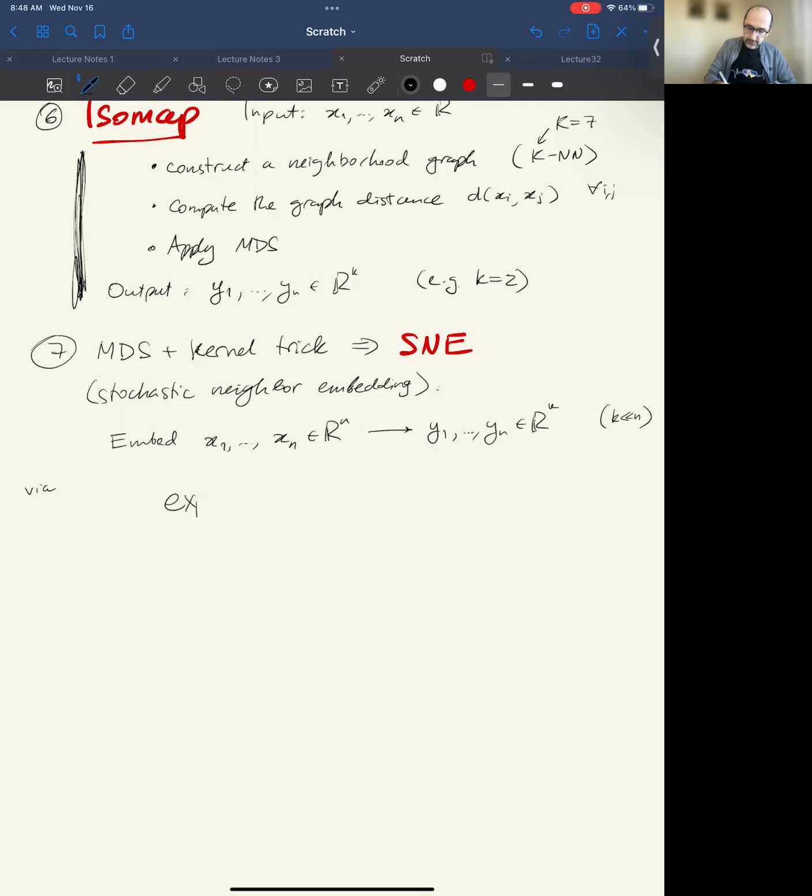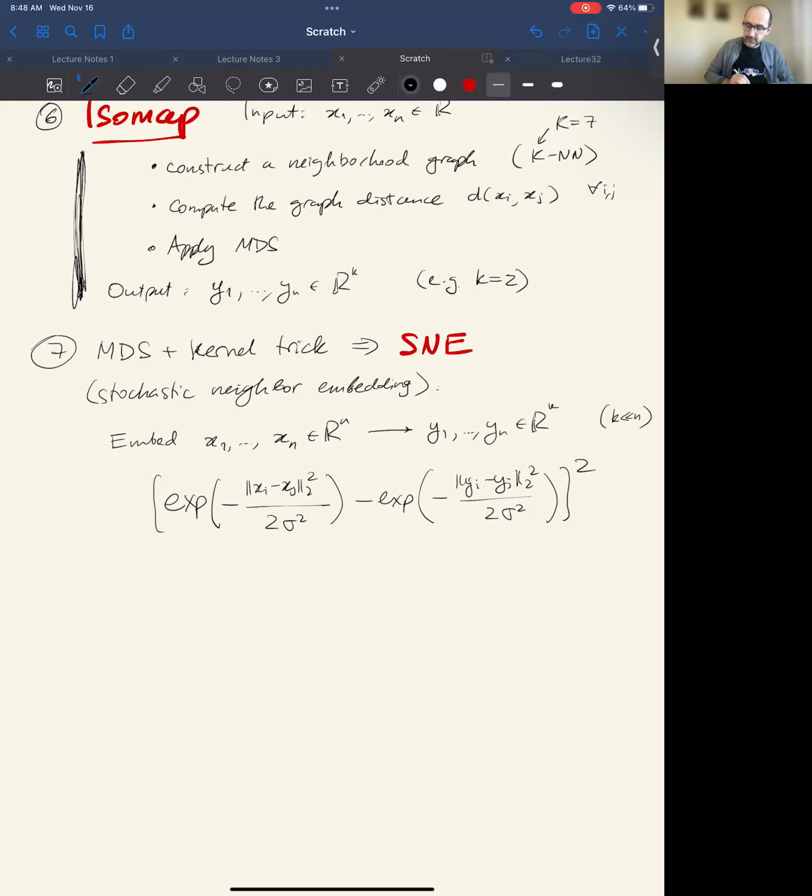So you do the kernels, e to the minus xi minus xj squared over 2 sigma squared. Sigma is just a fixed number, like 7, for example. It's a parameter of the algorithm. The same for y, yi minus yj squared over 2 sigma squared. We would like ideally them be the same. So we'd like to replicate the distances exactly, but that's not possible.